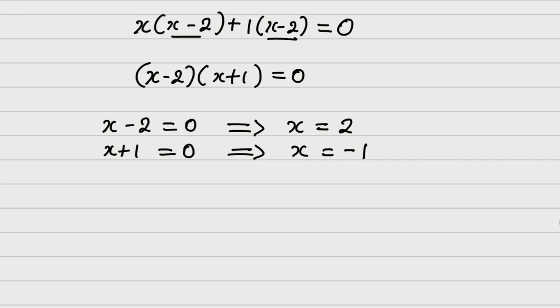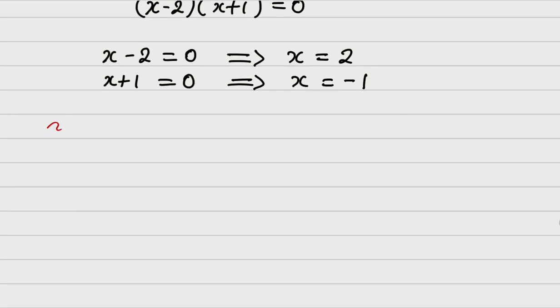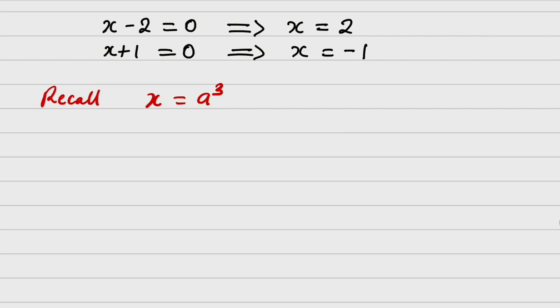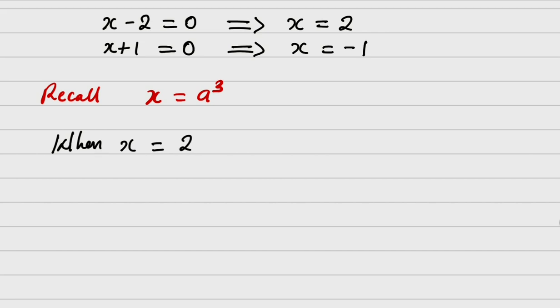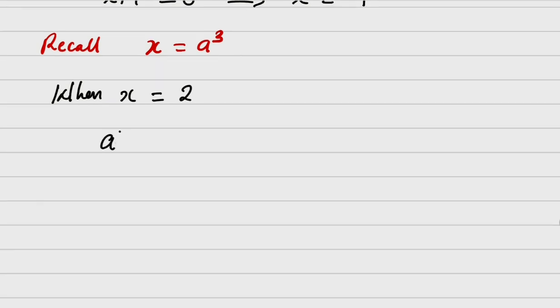But remember, we introduced x. We're not looking for x, we introduced x, okay? But recall that we said x is equal to a cube. So what we are going to do now is when x is equal to 2, what I'm going to have is a cube will be equal to 2.